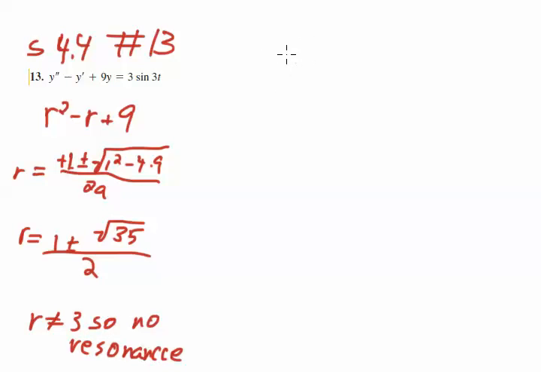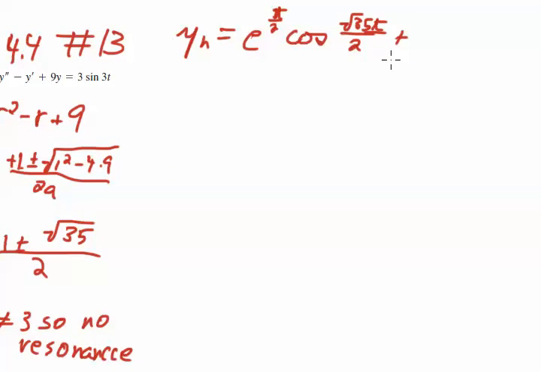So what we're going to have for our homogeneous solution is just, let's see, just plug in the r: e to the t over 2 times cosine of square root of 35 over 2 t, plus e to the t over 2 times the sine of square root of 35 t over 2.